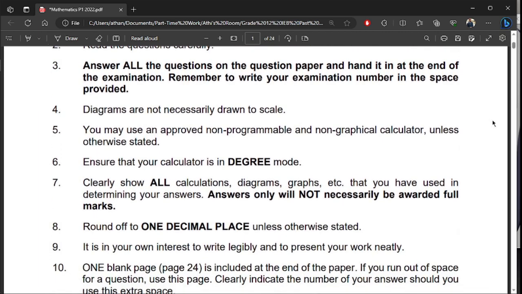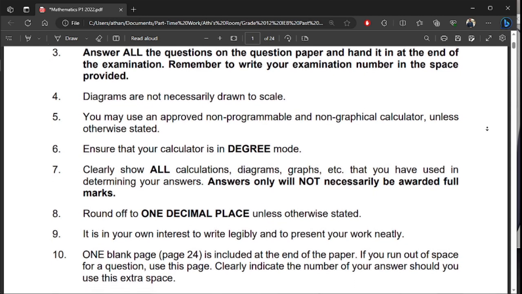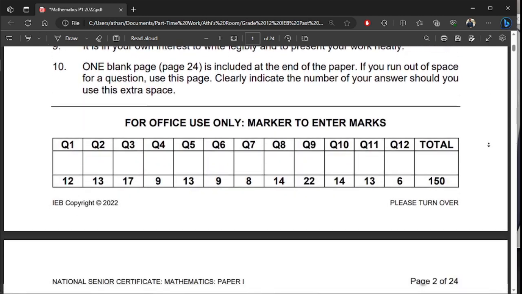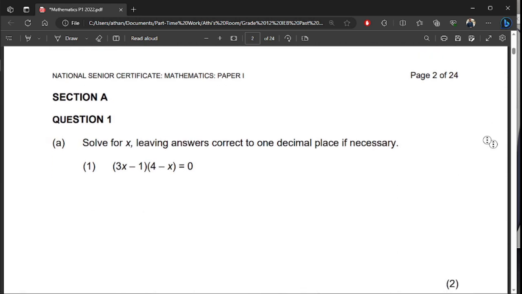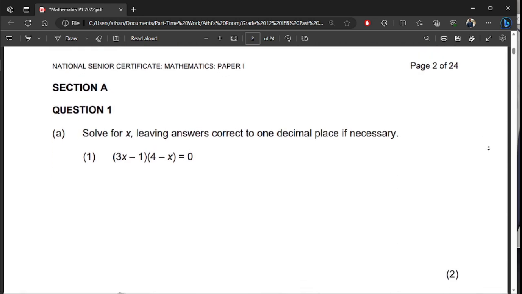I was looking for instruction number 8. We're going to round off our answers to one decimal place unless the question says something else. And then let's get straight to the questions.